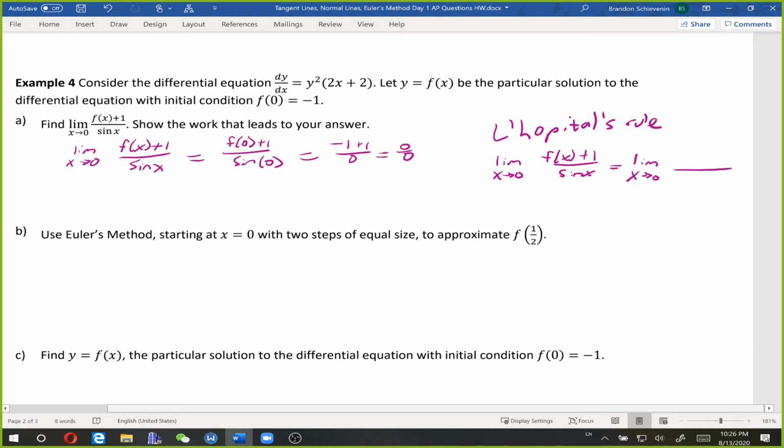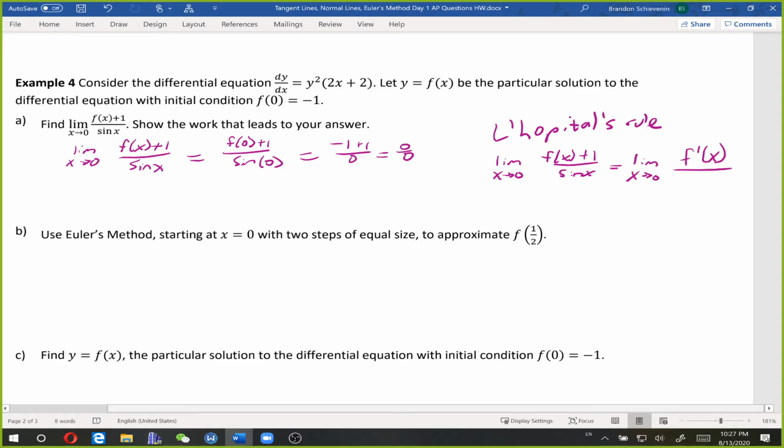Anyone? What could I write for the derivative of f of x plus 1? Okay, I can see Kyle jumping up, but I don't hear anything. So if I derive f of x, I'll get f prime x. If I derive the plus 1, that goes to 0. So this is just f prime x on top.